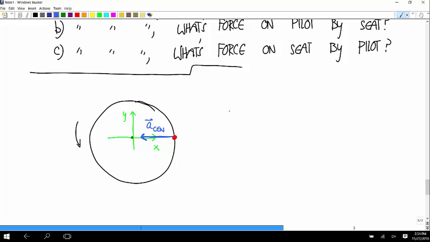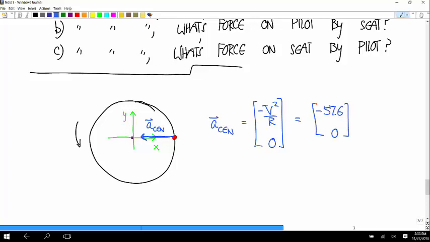And we happen to know the speed and the radius of the circle already, so we can calculate what that is. So the centripetal acceleration is in the negative x direction with a magnitude v squared over r. And v is 120, and r is 250. And so this comes out to be negative 57.60. That's in meters per second squared.